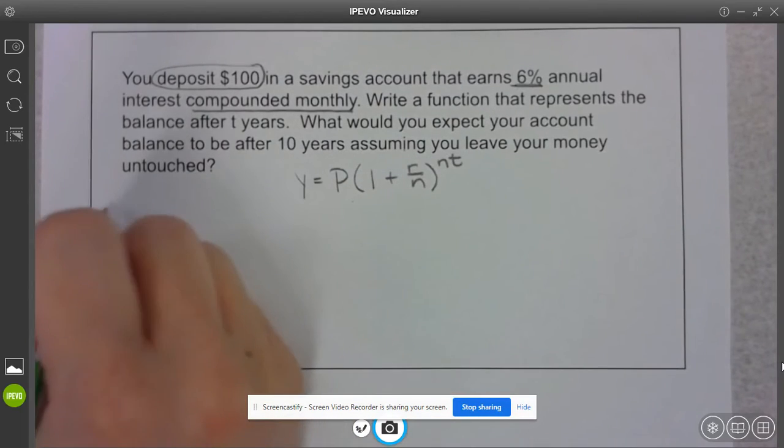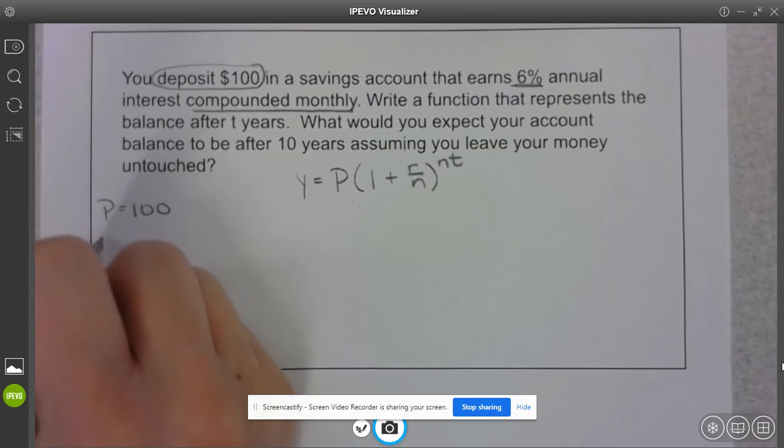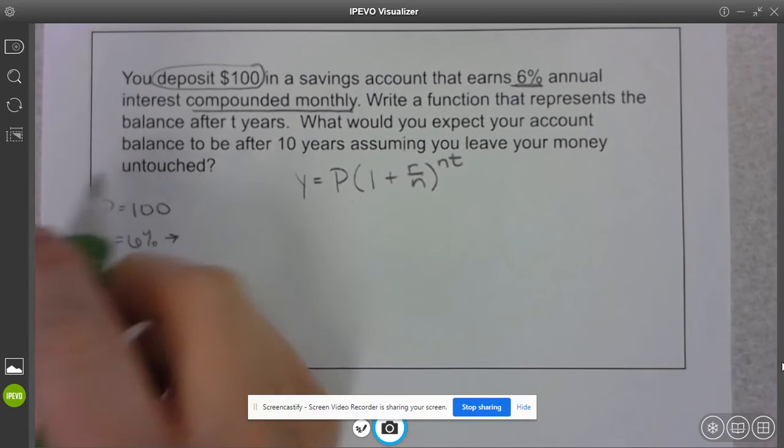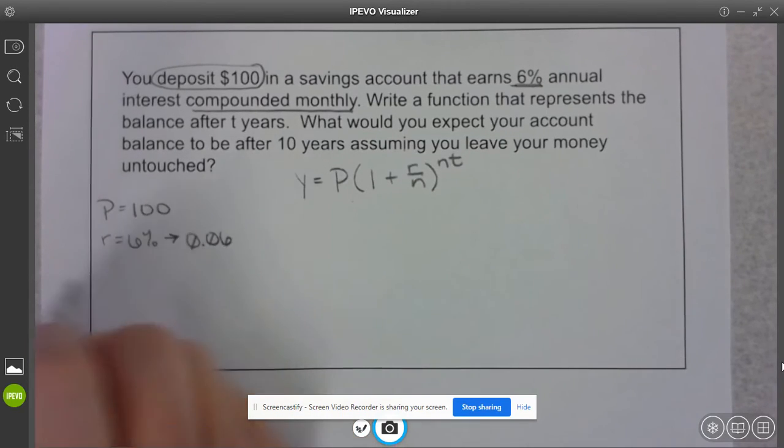All right, so P is our initial amount. So P is 100. R is 6%, but remember I have to write this as a decimal. So it'd be 0.06. N is how many times it gets compounded each year.